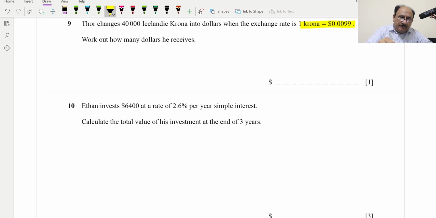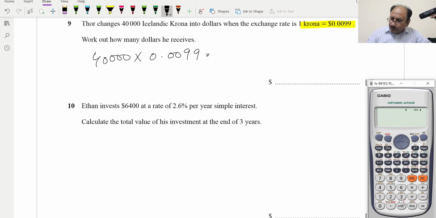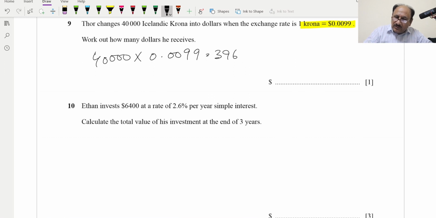So we will be basically multiplying 40,000 by 0.0099, and this will be equal to $396.